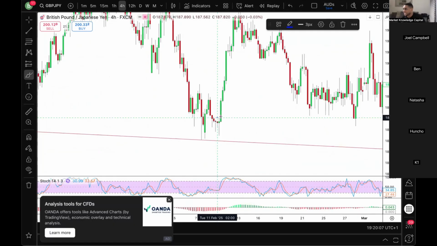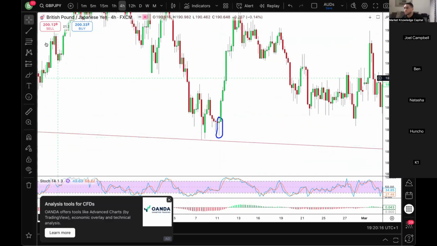This is called a doji, specifically a dragonfly doji. Some people may call it a pin bar as well. What that doji represents is that we're selling, but there's a bit of indecision going on, and because of that indecision, we're potentially going to do a bit of a turnaround.